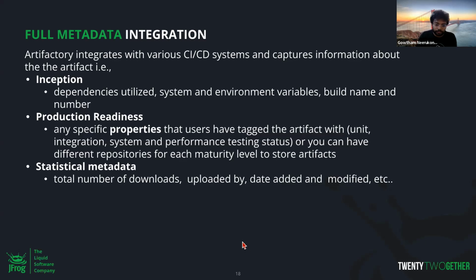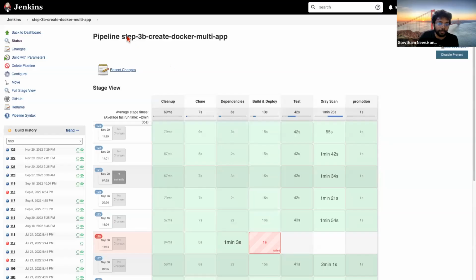For example, you might have a build process, such as the popular CI tool that we know about, Jenkins, as an example. It might be creating a given software artifact. Here, the pipeline is step 3B, create Docker multi-app, and this pipeline is basically producing a Docker image at the end of the day.